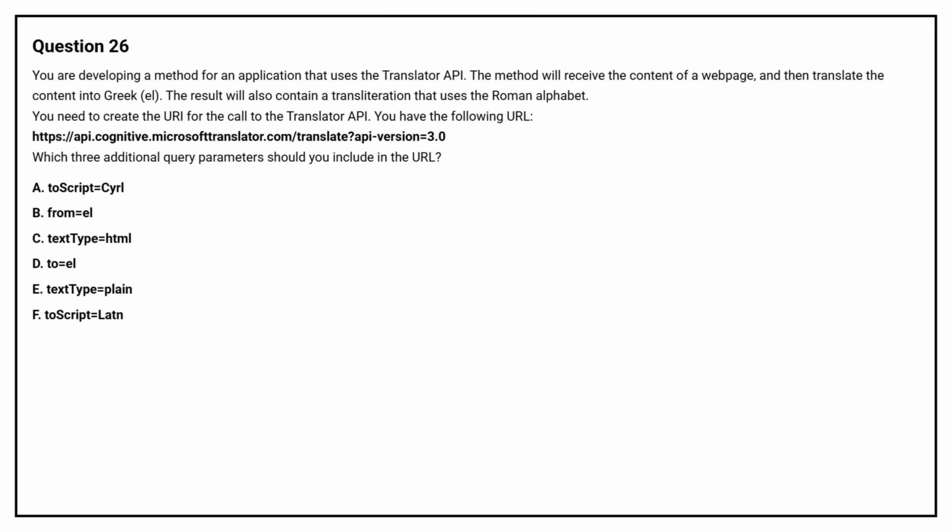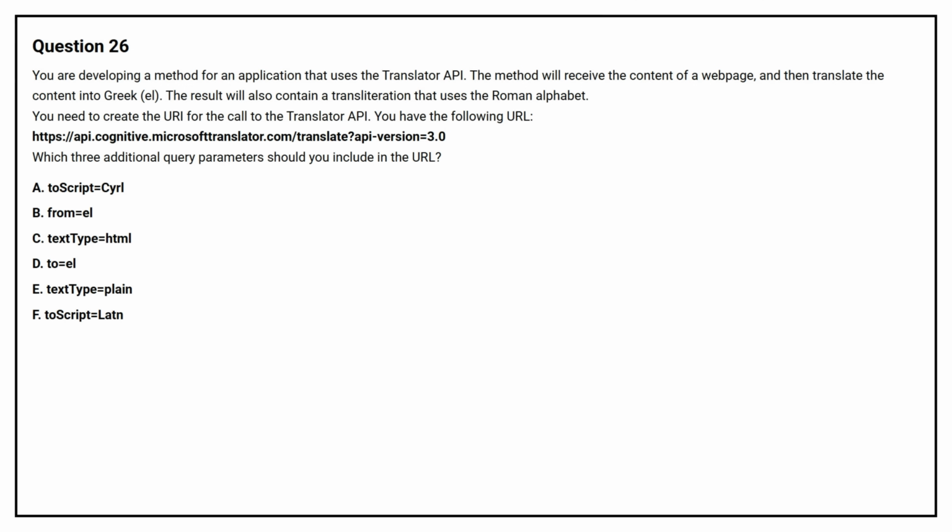You need to create the URI for the call to the Translator API. You have the following URL: api.cognitive.microsoft-translator.com/translate?API-version=3.0. Which 3 additional query parameters should you include in the URL?